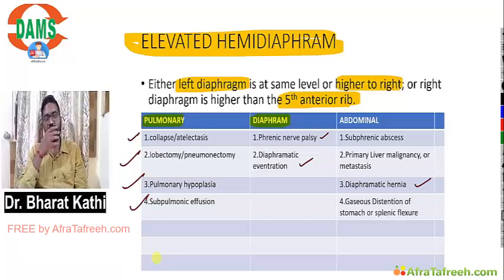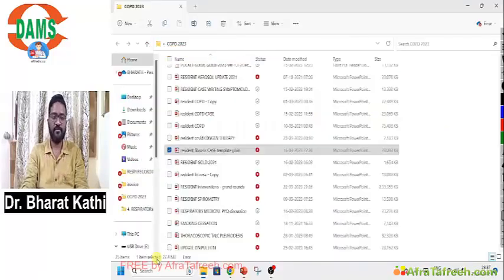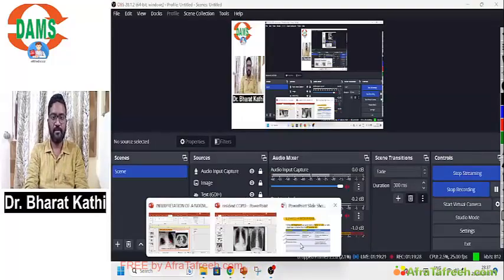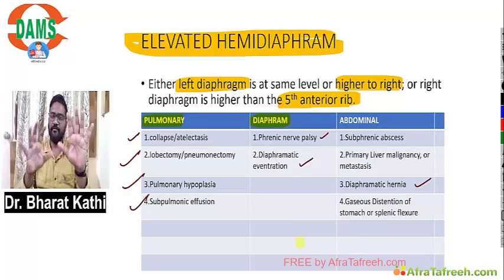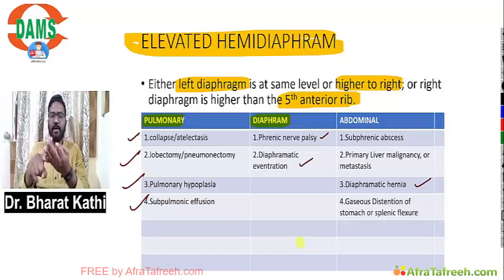So I think we have discussed more than 25 to 30 chest x-rays together. We started with the common ones: consolidation, collapse, fibrosis, pneumothorax, hydropneumothorax. Then we have seen cavity. Just to recap the common x-rays that can be asked: consolidation, collapse, fibrosis, pleural effusion, pneumothorax, hydropneumothorax, cavity, lung abscess.